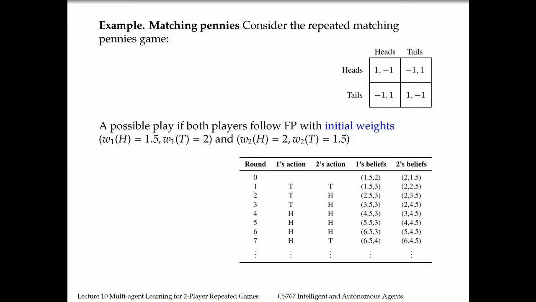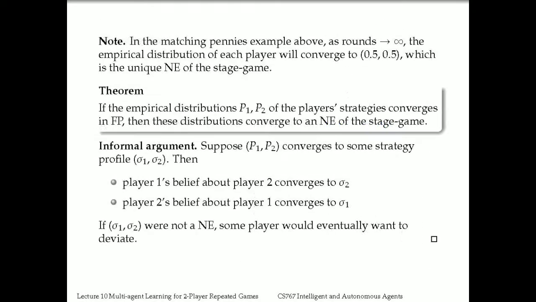But one thing that we can observe is that it seems like eventually the players will not stabilize on a certain action. They just keep changing from TH to HH to HT to TT and iterate in this way. And in fact, if we repeat it for enough rounds, if you develop a program to simulate the situation, you will be able to see that eventually the empirical distribution of each player will converge to 0.5, 0.5.